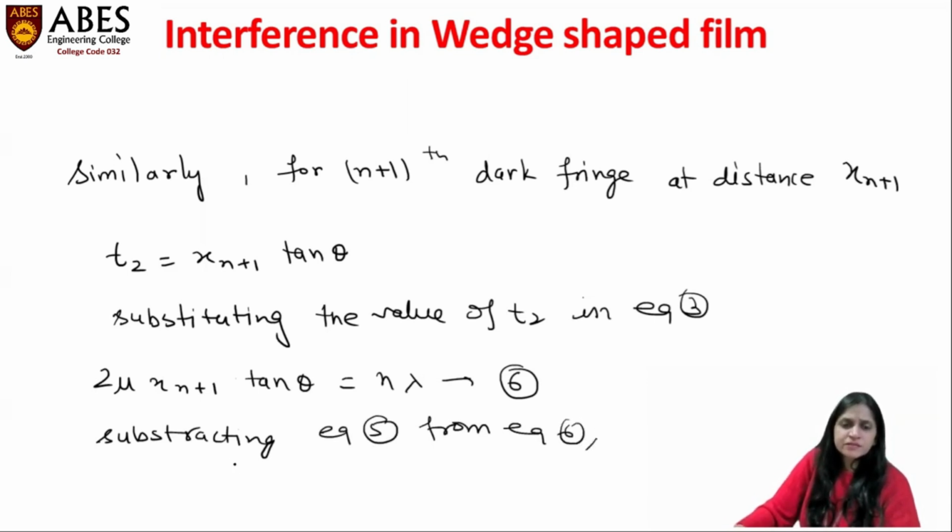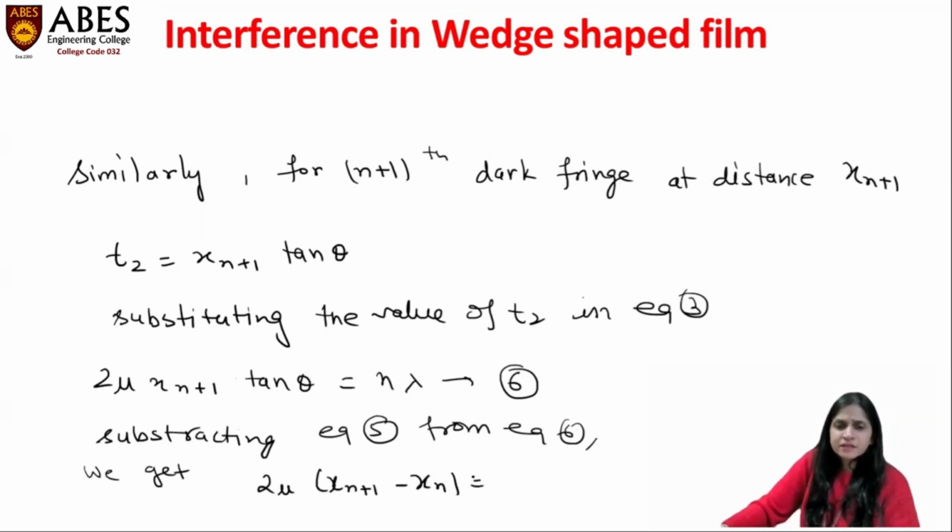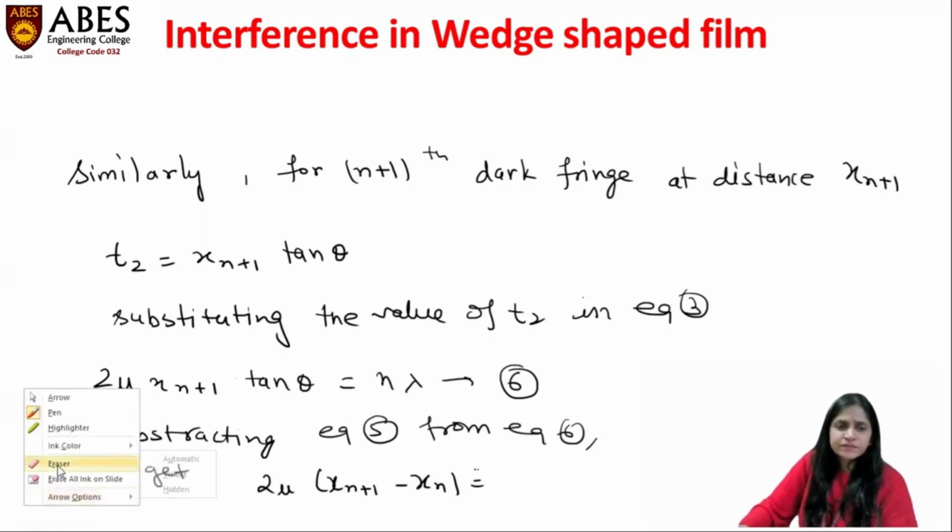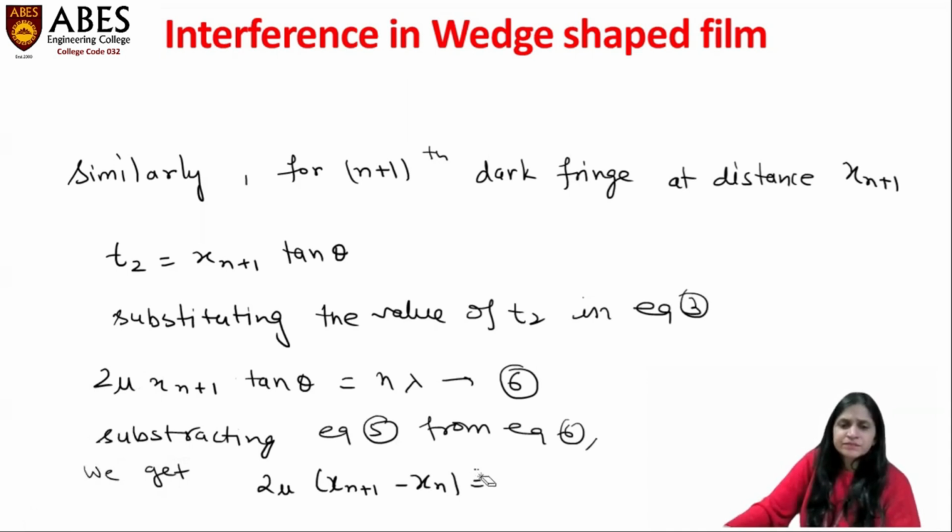We get 2 mu xn plus 1 minus xn into tan theta is equal to lambda, right?